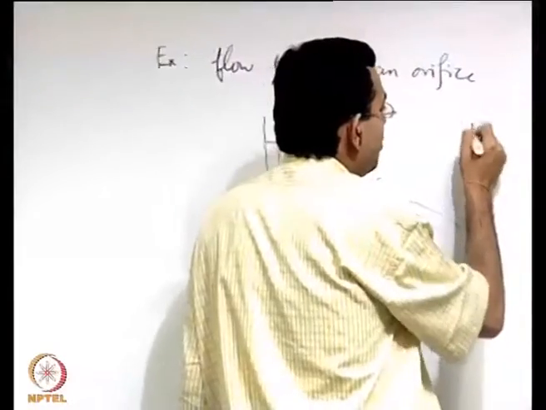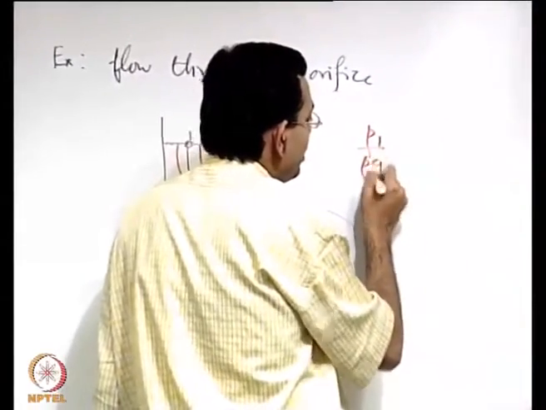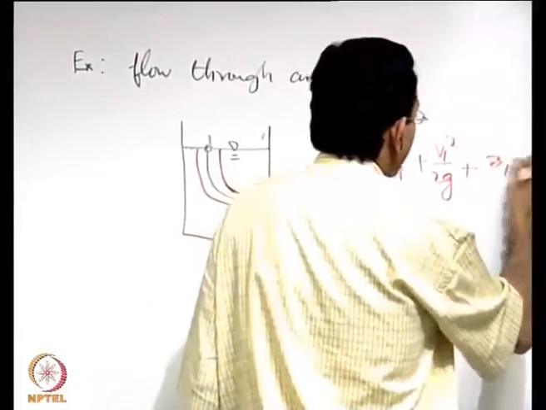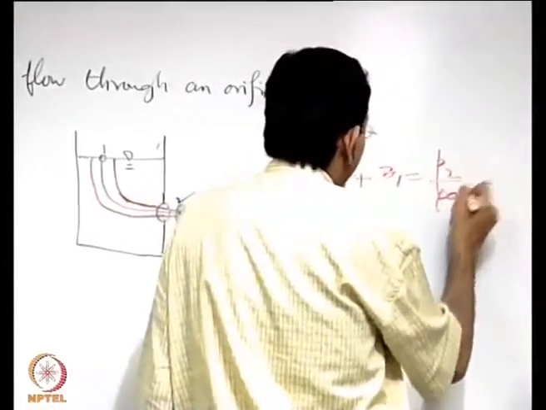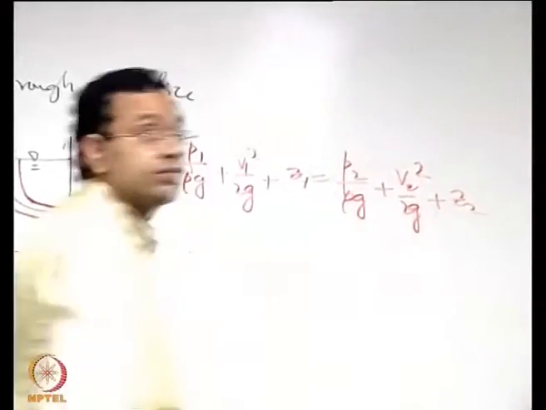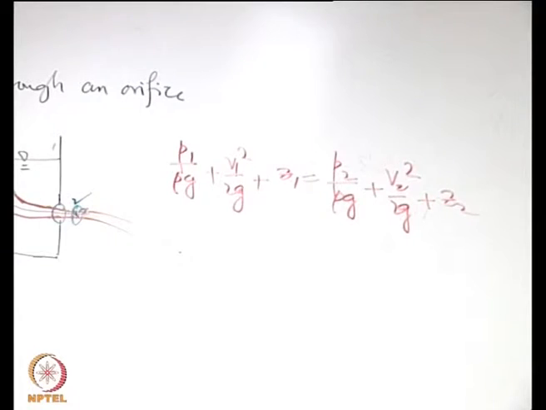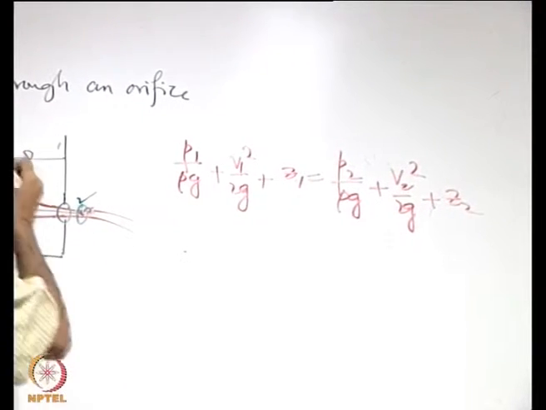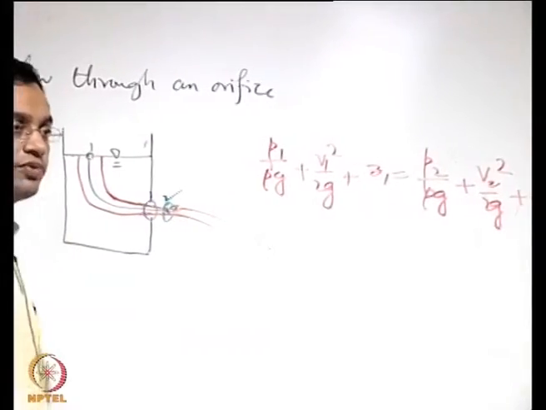So if you write P1 by rho g plus V1 square by 2g plus Z1 is equal to P2 by rho g plus V2 square by 2g plus Z2. Okay. So once you have that, what happens? See, 1 and 2 we are assuming both are at atmospheric pressure.